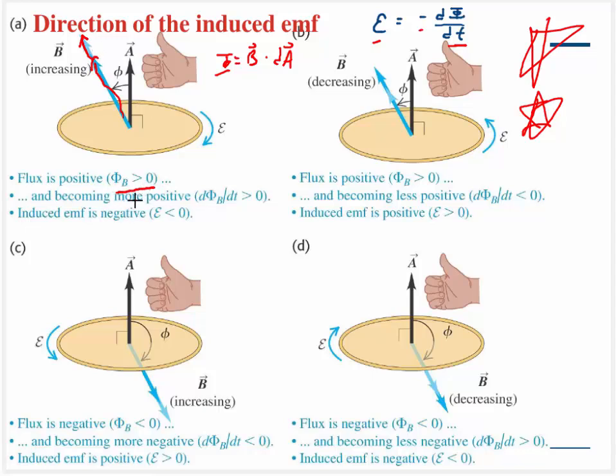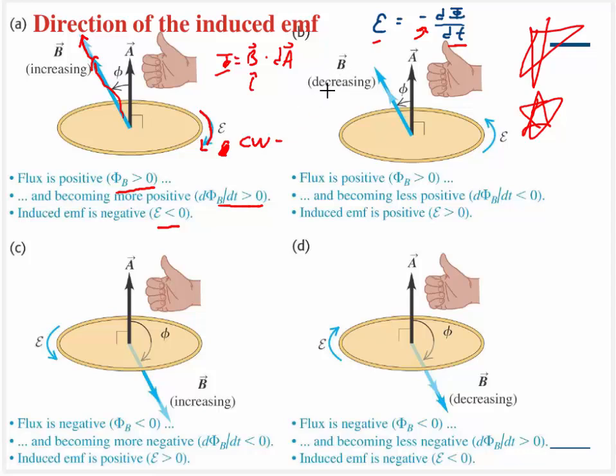B and A are in the same direction, and it's becoming larger and larger. B is becoming larger, so the flux is becoming larger. The change in flux is greater than 0. That negative sign means that the induced EMF is negative, or in the clockwise direction. Remember from torque, clockwise is negative.